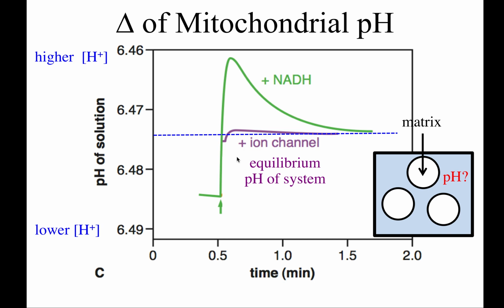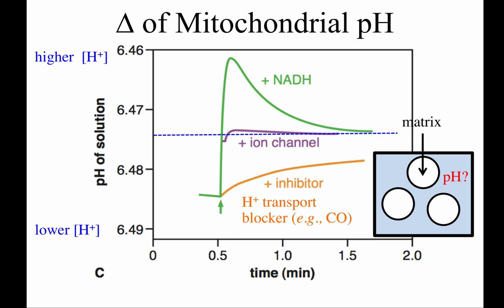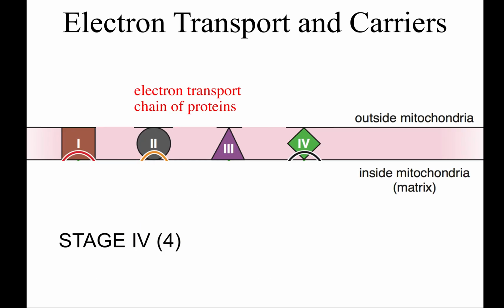So as pH goes down, hydrogen ion concentration goes up. So as NADH gets oxidized, taking the hydrogen off, it's going to be moved into one of the compartments of the mitochondrion, and we'll talk about that. If you prevent hydrogens from moving across the mitochondrial membrane, you don't get much of a pH change. But if they can move across compartments, those compartments we just talked about, you get a relatively big pH change.